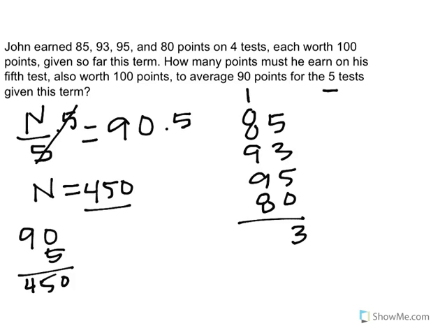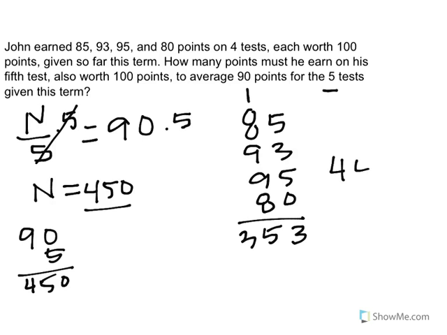And then we have 8 plus 1 plus 9 plus 9 plus 8 gives us 35. So we have 353. Now if we subtract 353 from our 450, that will give us our missing number.